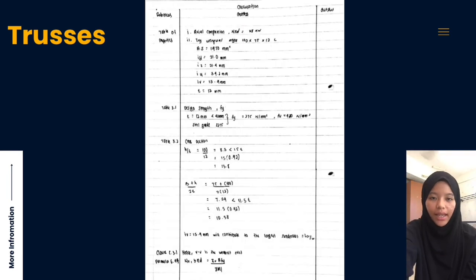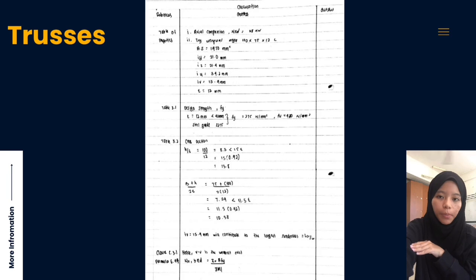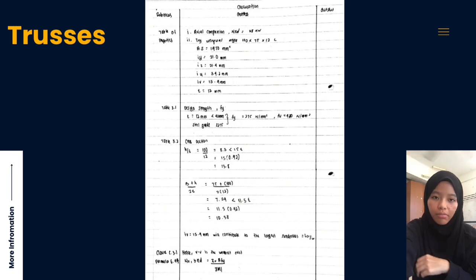For the last one is axial compression, NED equals 38 kN. So the sizing is still the same as for tension, which is 100 multiplied by 75 multiplied by 12 length. All that I get is from the table of properties. So AS is still 1970 millimeter square, IY equals 12.0 millimeter, IZ equals 21.4 millimeter, IU equals 34.2 millimeter, IV equals 15.9 millimeter, and T equals 12 millimeter.